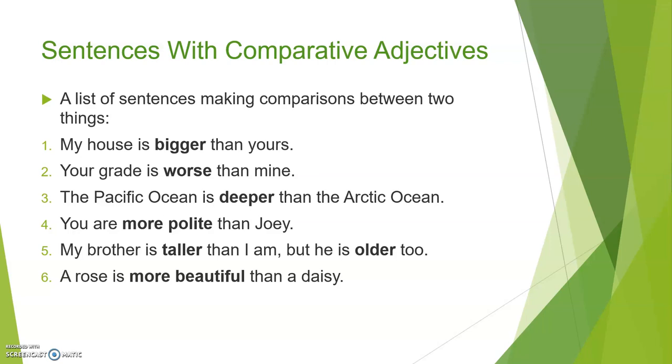My brother is taller than I am, but he is older too. A rose is more beautiful than a daisy. So, in these sentences, the comparative adjectives are bigger, worse, deeper, more polite, taller, older, more beautiful.